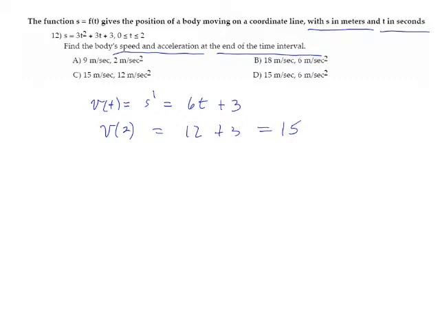Now, the speed is equal to absolute value of velocity. It turns out that this particular example, the speed is 15 at the end of the time interval. Notice if the velocity had been minus 15, the speed would have still been plus 15.